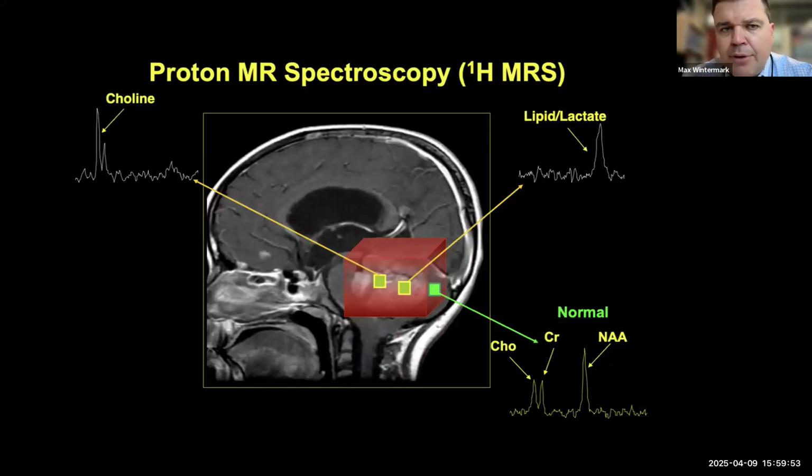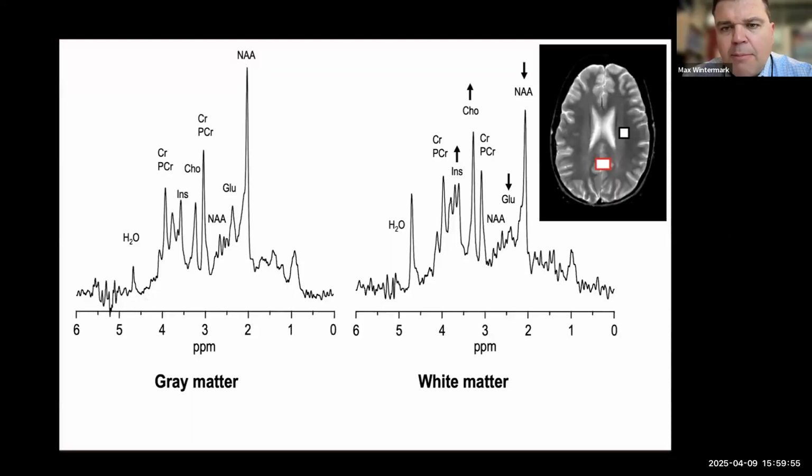So the couple of things that I wanted to mention perhaps is there are multiple ways to do spectroscopy. The concept is always the same, but there are multiple ways to do spectroscopy. A first division is whether you do short echo or long echo spectroscopy. If you do long echo spectroscopy, you're going to see fewer metabolites.